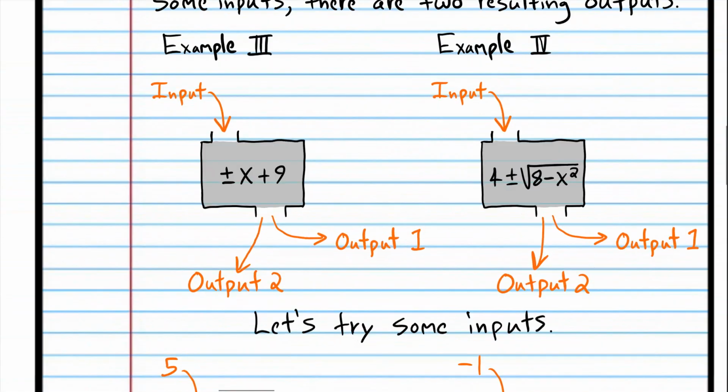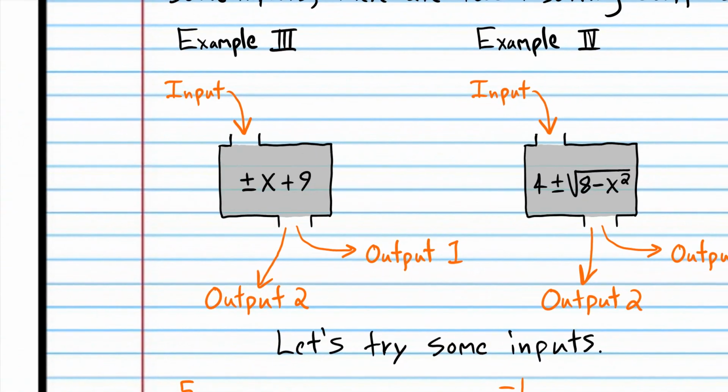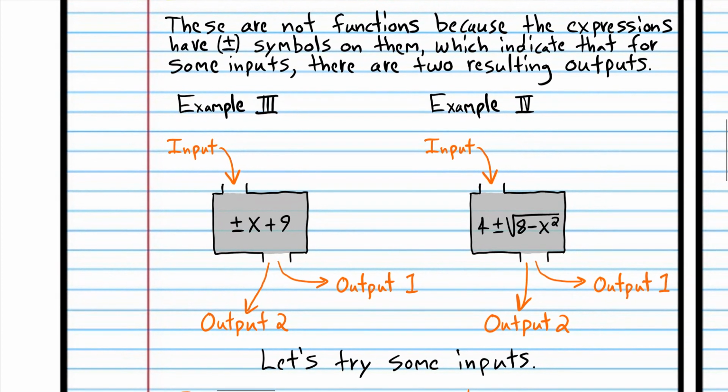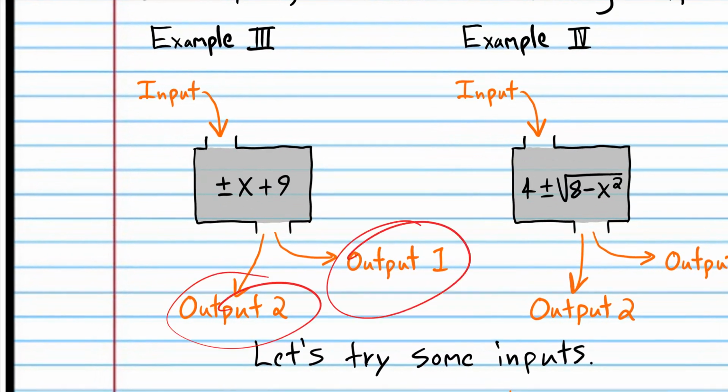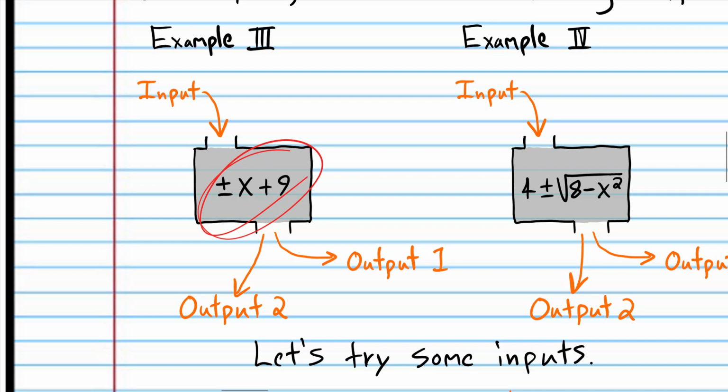So let's say that you have a machine, or a set of operations in this case, and let's say that the operation has a plus or minus symbol on it. Well, then you would get 2 outputs for every one input, because you have a plus or minus symbol. So that means that this expression here cannot qualify as a function.